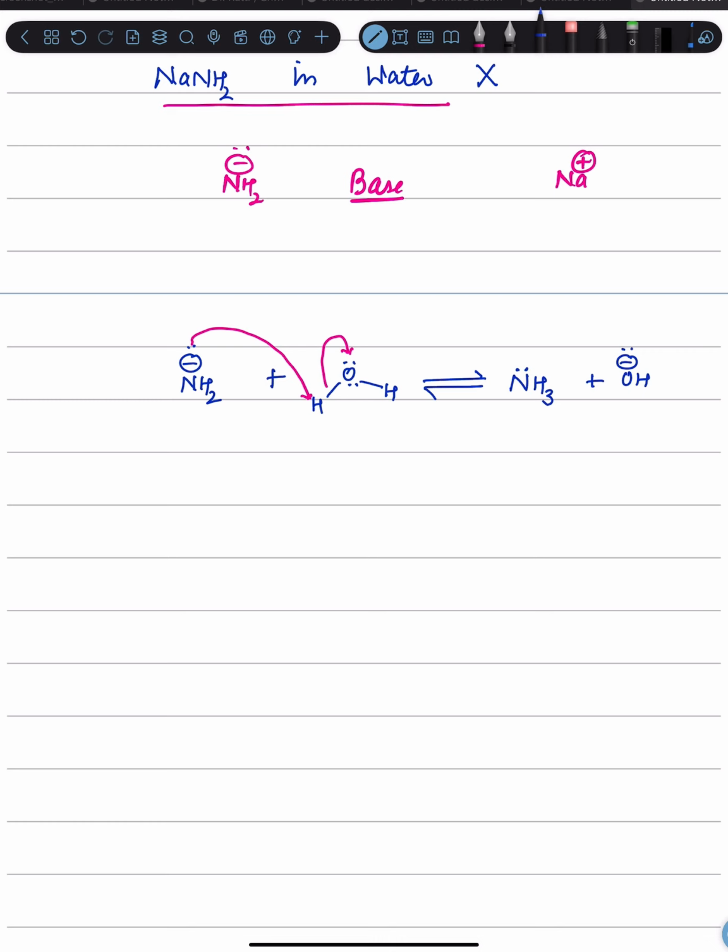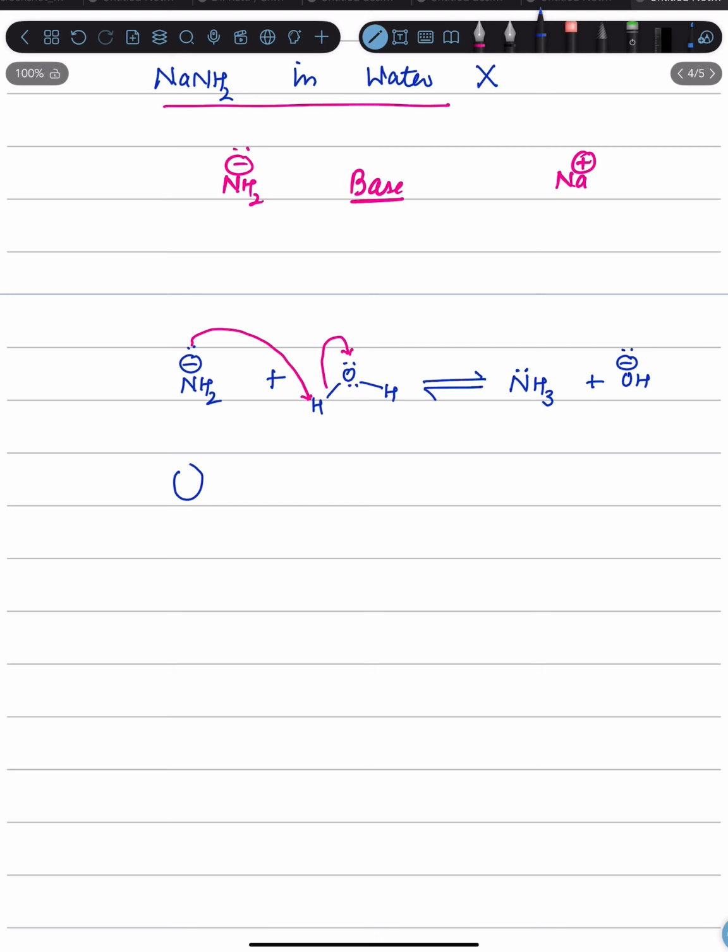If you focus on this equilibrium, you will see that the negative charge on the reactant side is on nitrogen, on the product side it is on oxygen.